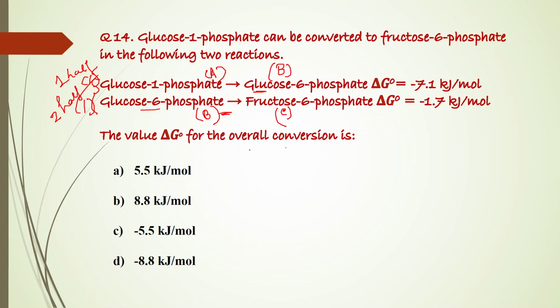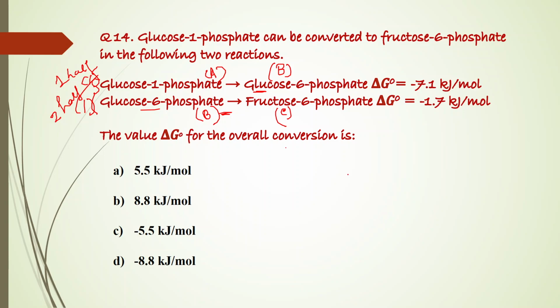So how do you get the delta G value in case of this coupled reaction? By adding the delta G values of the individual half reactions, you can get the delta G value for the overall coupled reaction. That's what we learned in the class.